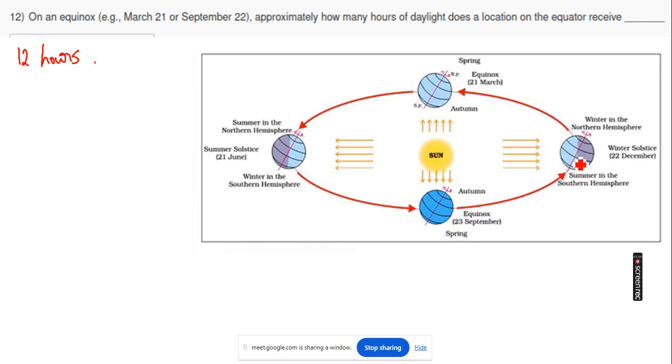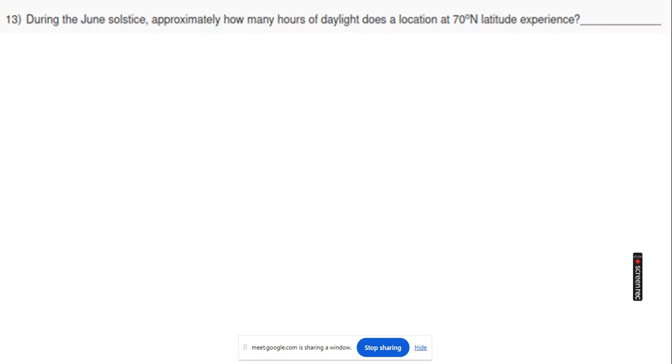And when winter comes, the axial tilt of the Earth is facing away from the Sun. In that case, the northern hemisphere will experience winter and the southern hemisphere will experience summer. So the northern hemisphere will have longer nights and shorter days, whereas the southern hemisphere will have longer days and shorter nights. During equinox, it will be 12 hours.